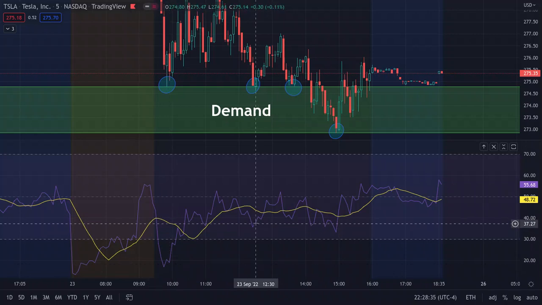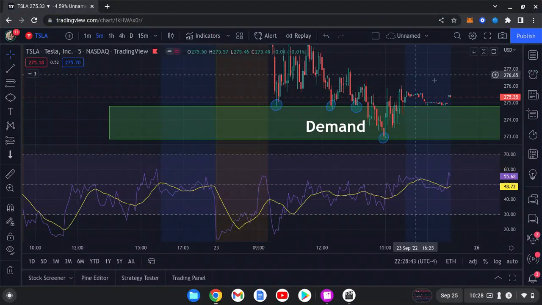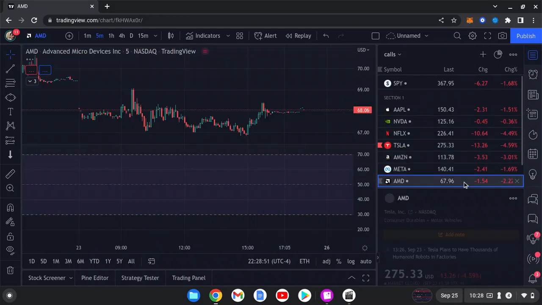And around here, we see we're not as oversold. RSI is about 37, but still oversold. And we can look at prior days as well and see how well this indicator works.